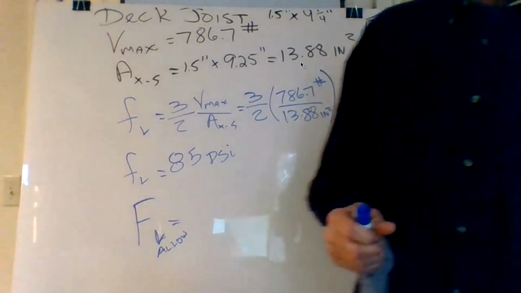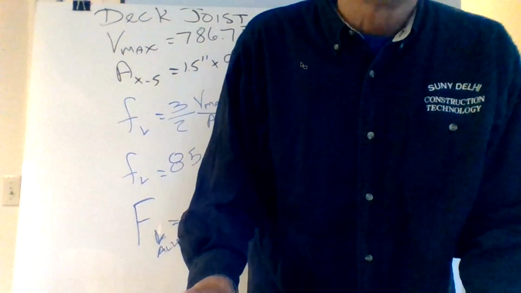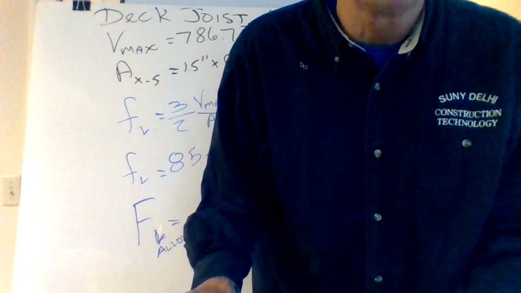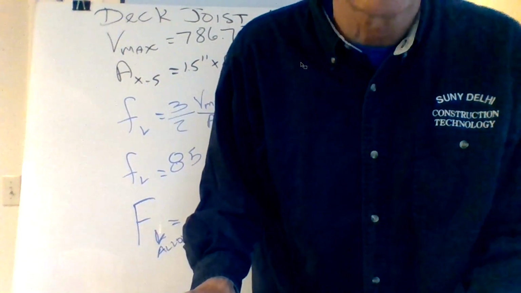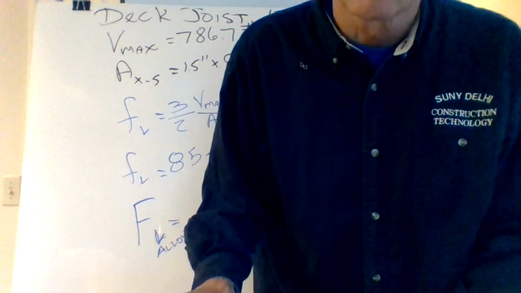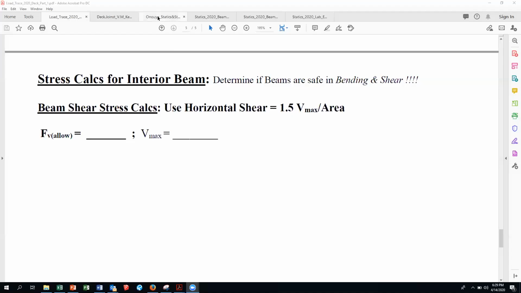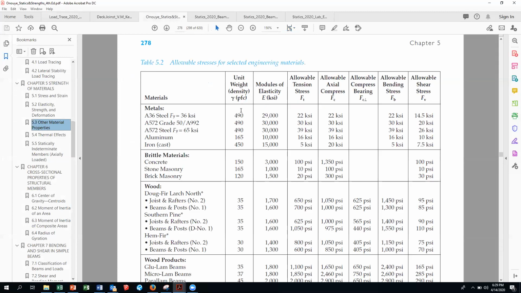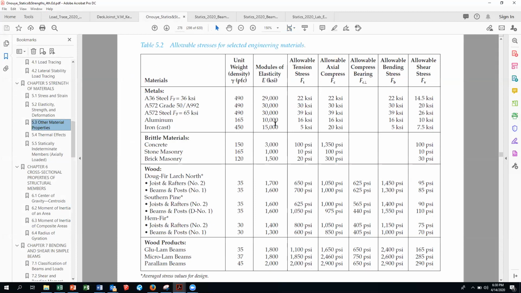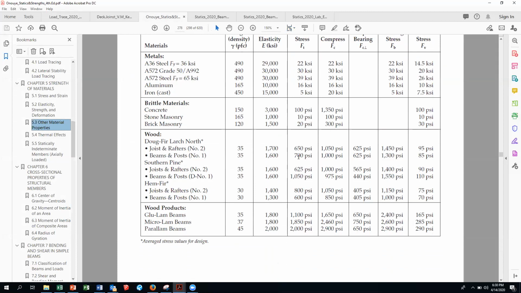So what we're going to do is share a new share. We're going to do the desktop. And then we're going to go to page 278 of the book. Can you see the book? Yes. Okay. So we have some wood products: hem fir, southern pine, we'll call it Doug fir, larch, north.